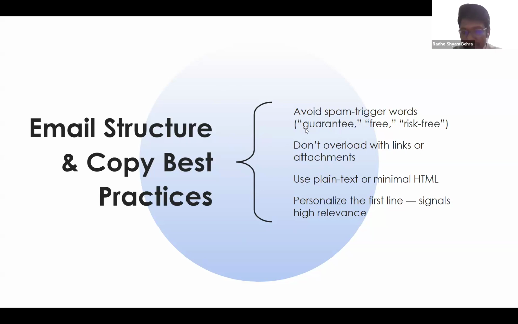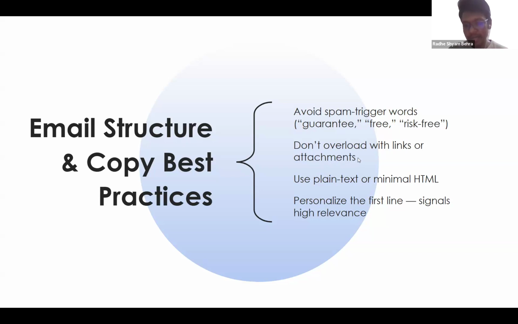Words like guarantee, risk-free, and free these days trigger spam filters inside Gmail, Google Workspace, or Microsoft 365. So I would highly recommend you write your emails with a good amount of dedication and try to avoid these words. If you just look on Google, you will find lists of spam trigger words which you can and should avoid.